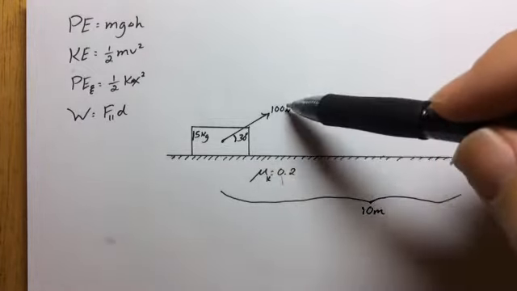And so if we did the sum of all forces in the y direction, we'd see that we have normal force going up, we've got 50 going up, that component of 100, and we've got 150 going down. And there's no acceleration in the y direction, hopefully.